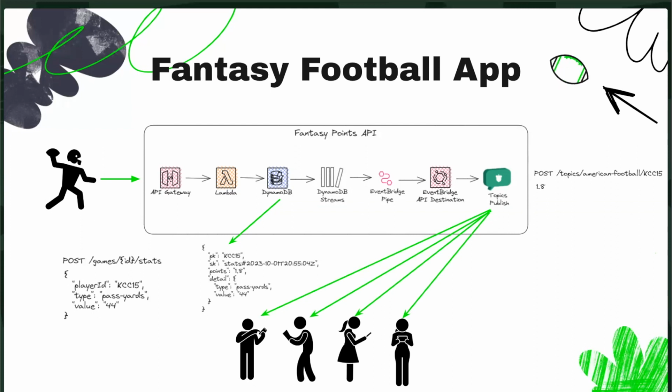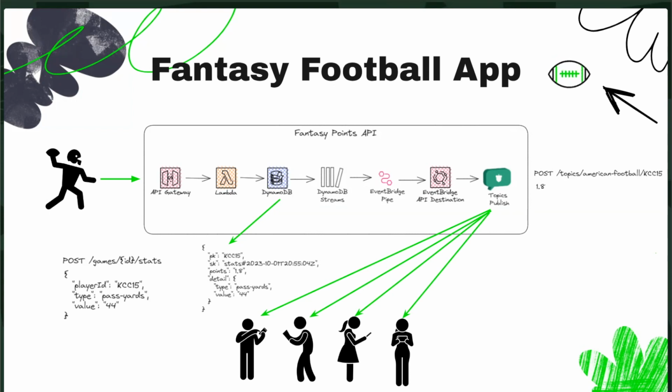We've transformed that data to go to topics/American football/the player ID and pass the value of 1.8. As soon as we do that, everybody that's in the app right now, because it's a stateful connection, gets that 1.8. And that update points handler is going to say, okay, Patrick Mahomes plus 1.8 points. So I'm good. Really easy. It fans out incredibly well, and it responds super fast, so you can get that in real time.